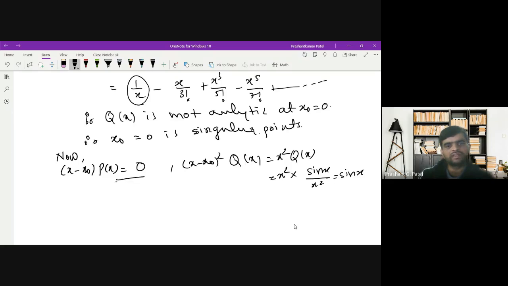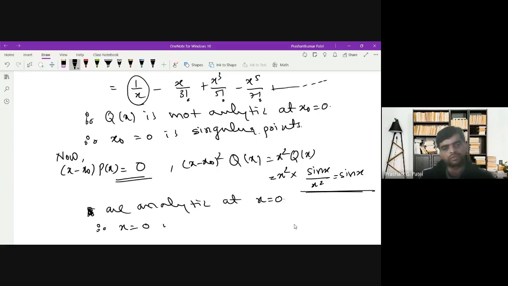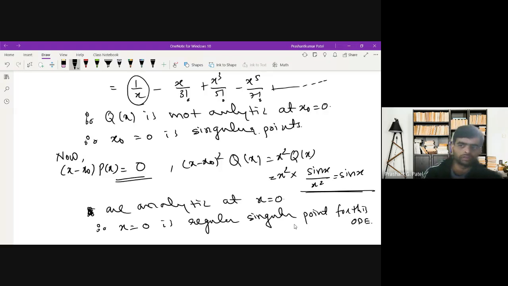So I can say that both these functions are analytic because sin x is analytic at x equal to 0. Therefore x equal to 0 is a regular singular point for the given ODE. Okay.